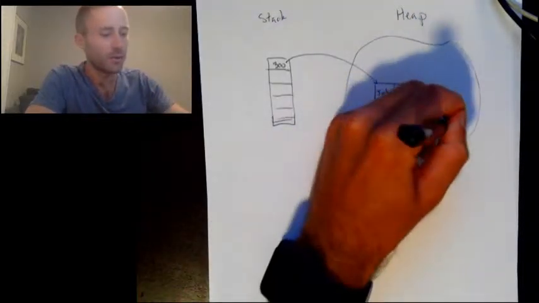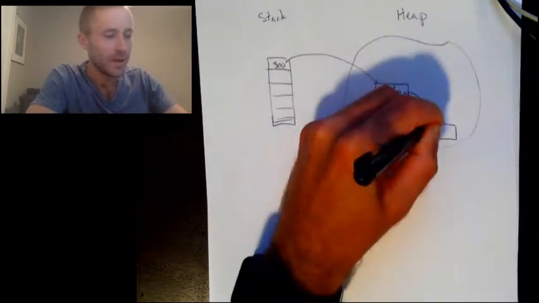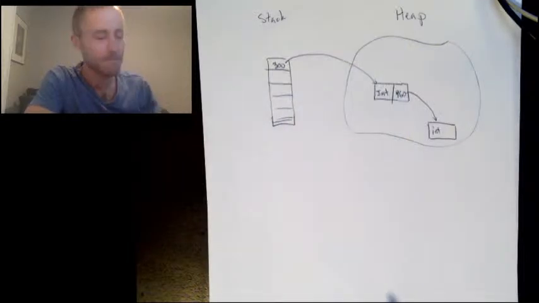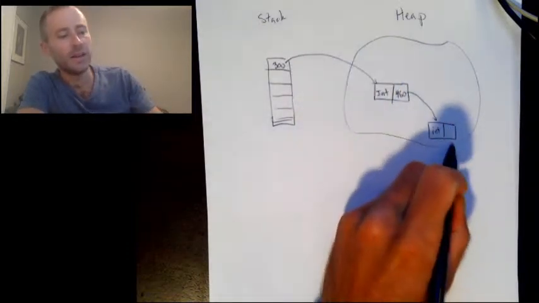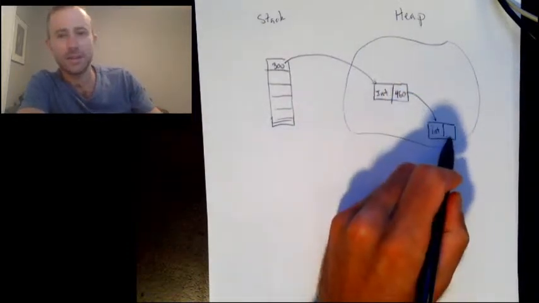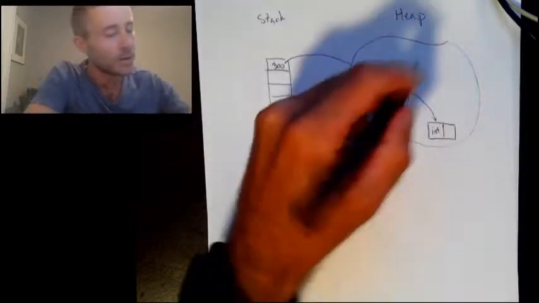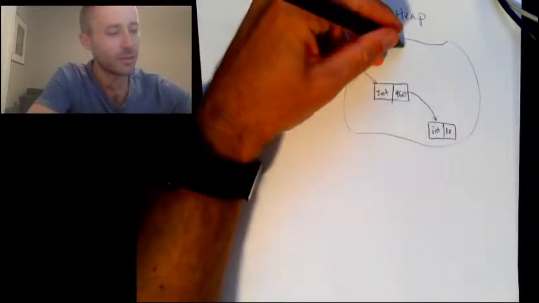So now over at space 460, you have the next integer value. And then it contains the memory address of the following element, which might be at space 10. So over here at space 10, you have a different integer.